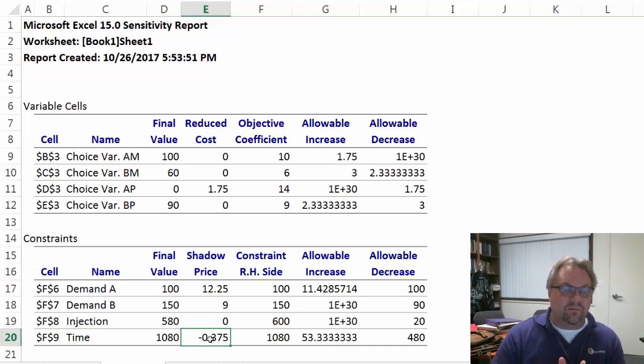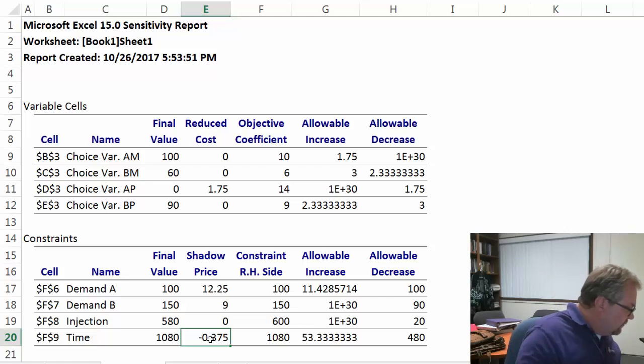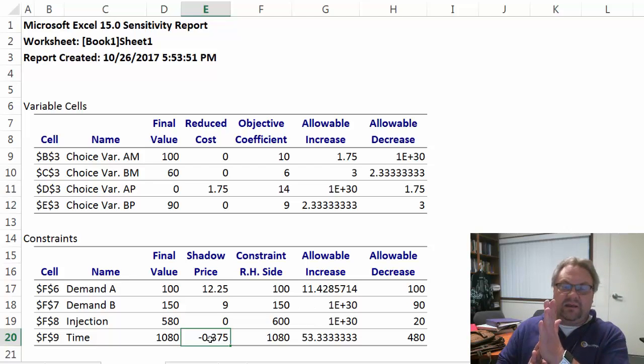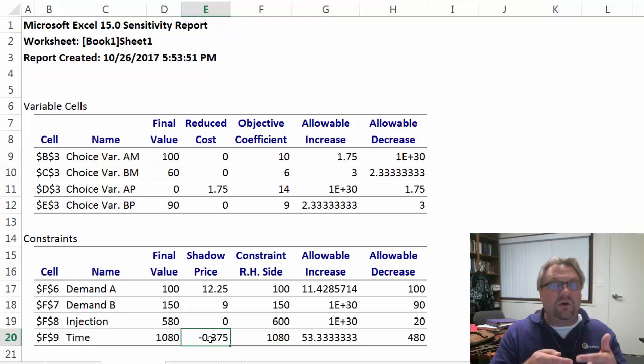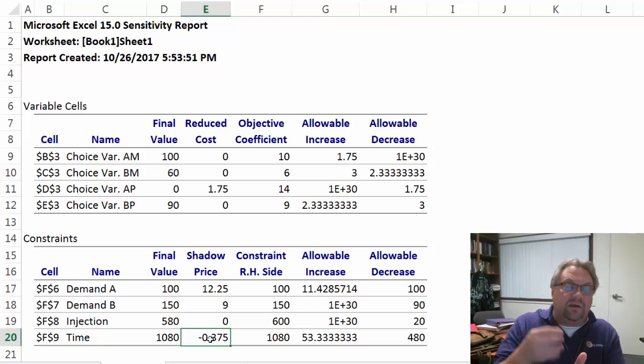And then for my assembly time, if I increased my assembly time by 1 minute, my cost would actually decrease, right? What's going on here is, my assumption is you would start to move away from purchasing B and manufacturing instead because you have more time.